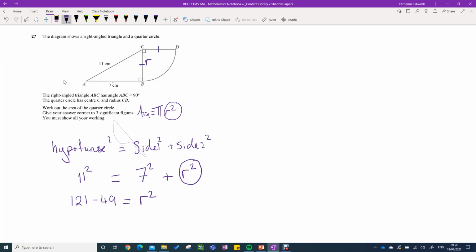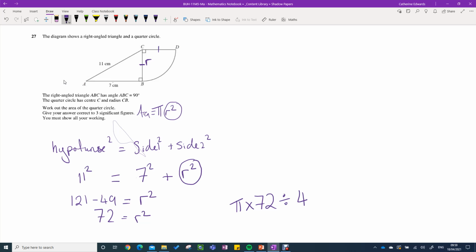So 121 take away 49 is 72. So I know what r squared is now. I know the whole circle is pi r squared, so I'm going to do pi times 72 divided by 4.